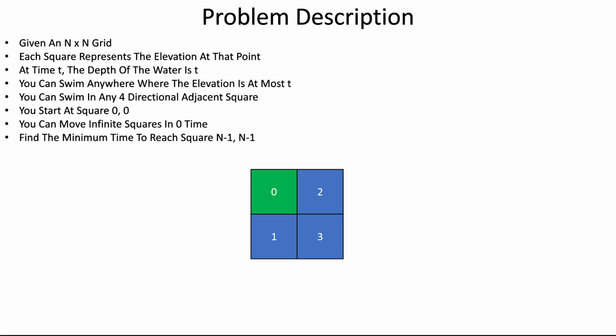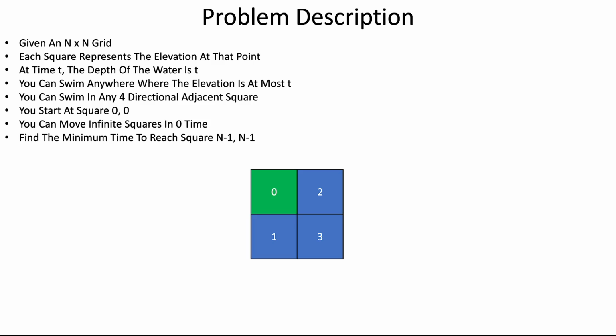Here's the problem description. You're given an n by n grid, and each square in the grid resembles the height or the elevation at that point. It starts to rain, and at time t, the depth of the water on every square is t. You can swim anywhere where the elevation is at most t, where the water has reached that place.